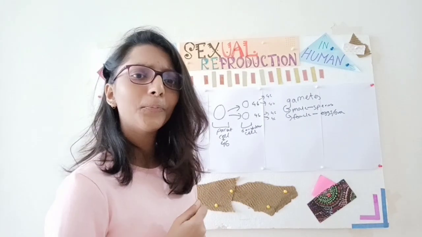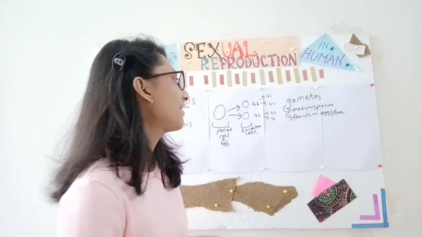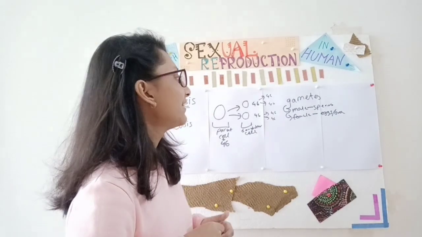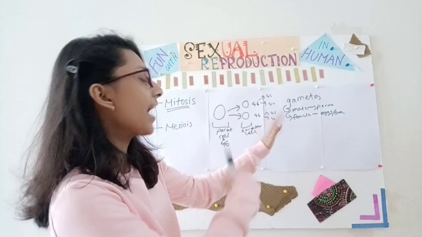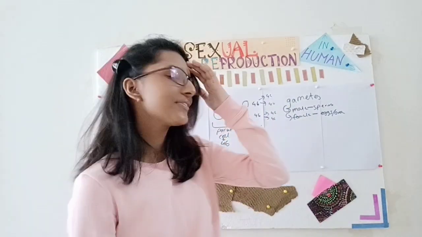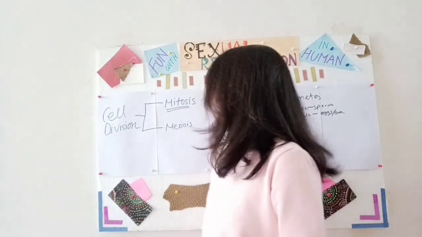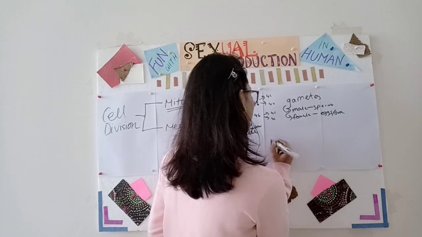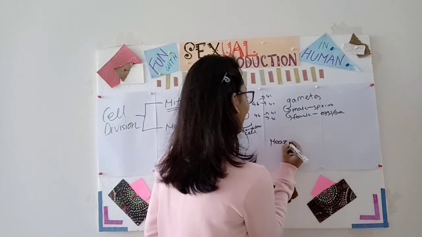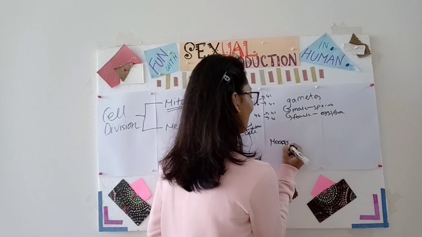Now, as we said, one exception takes place while producing these special cells, reproductive cells, gametes. Before we see what change actually takes place, starting from the basics, let's see what the process of meiosis is. I have a feeling that my spelling of meiosis is entirely wrong in this video.